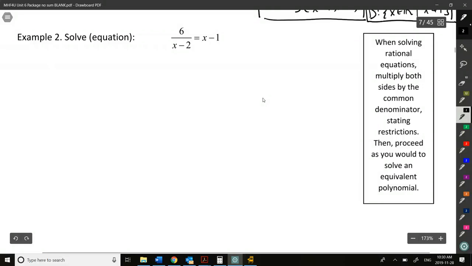So I'm going to multiply up. Or actually, we can think about it as over 1. So if I cross multiply here, I should get 6 times 1 equals x minus 1 times x minus 2, keeping in mind that x cannot equal 2 here.